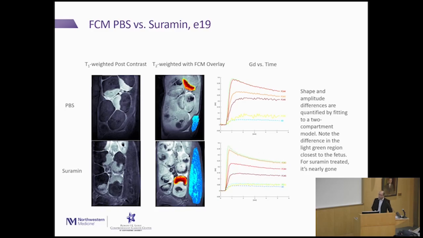And the part that I'll draw your attention to, it's a little bit hard to see. On the normal placenta, you see this light green at the edge, so it's the interface of the placenta to the fetus. And on the preeclampsia model, you don't really see that. It's almost gone.